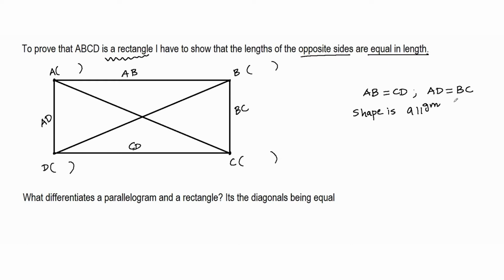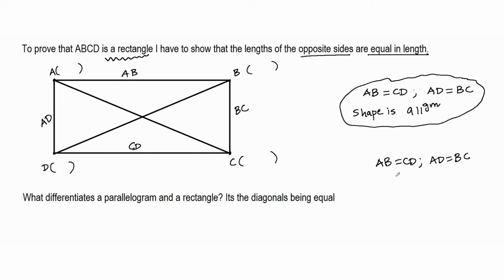If AB equals CD and AD equals BC, the shape is a parallelogram. However, if along with that I can show that AC is equal to BD, meaning the diagonals are also equal, then this is a rectangle, right?